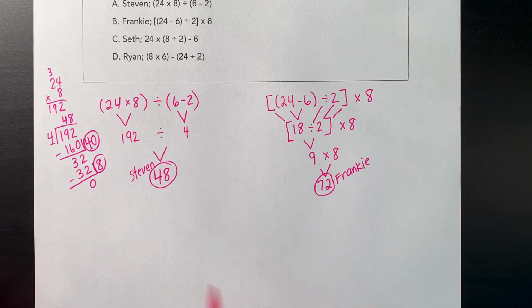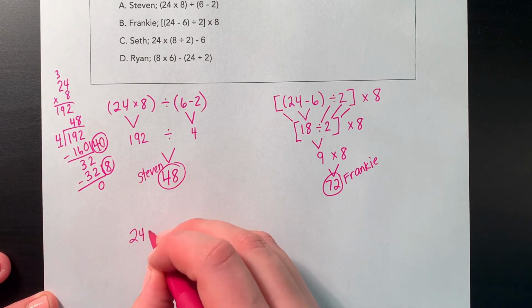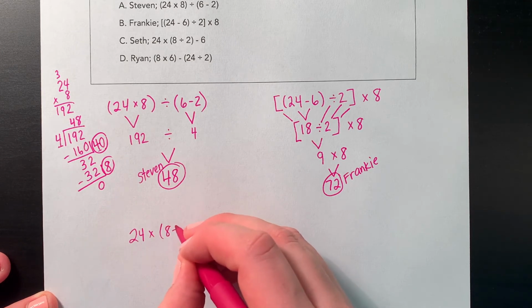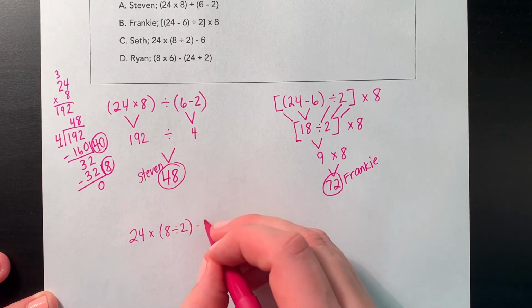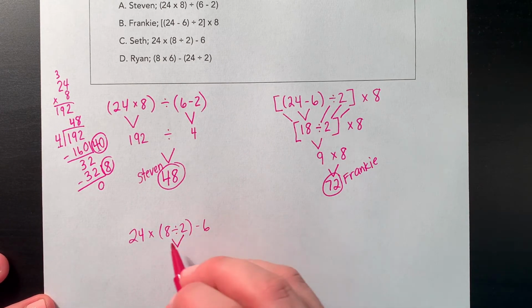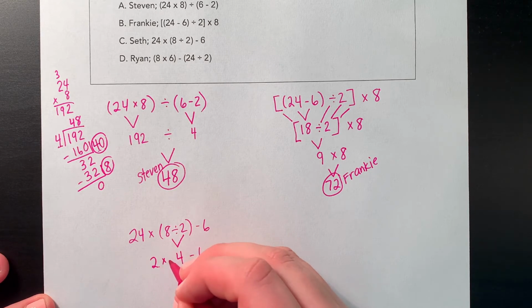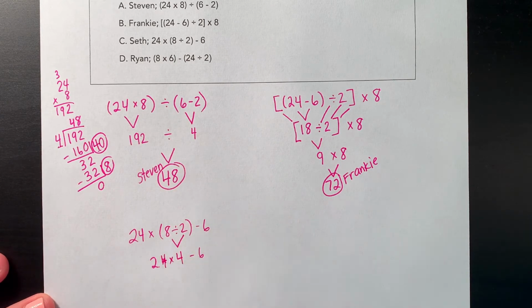All right, Seth has 24 times 8 divided by 2 minus 6. All right, so I'm going to start with 8 divided by 2 because that's in parentheses, and that is 4. I'm going to bring down the rest of my problem. Oops. All right, so now I have 24 times 4 minus 6.